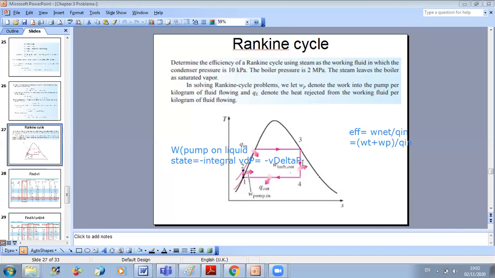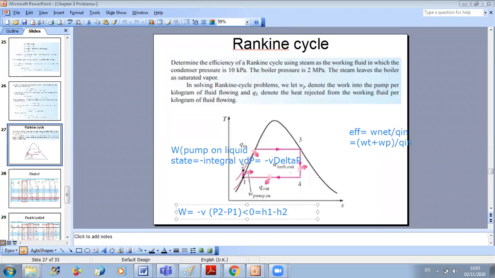In this case, you can write the work in two ways. So work in pump is equal to minus V times P2 minus P1, and you will obtain in this case a negative result because you are using the convention that work is negative when it is given to the system. So it's equal to H1 minus H2. So when you calculate V delta P, then you will be able to find H of point 2.